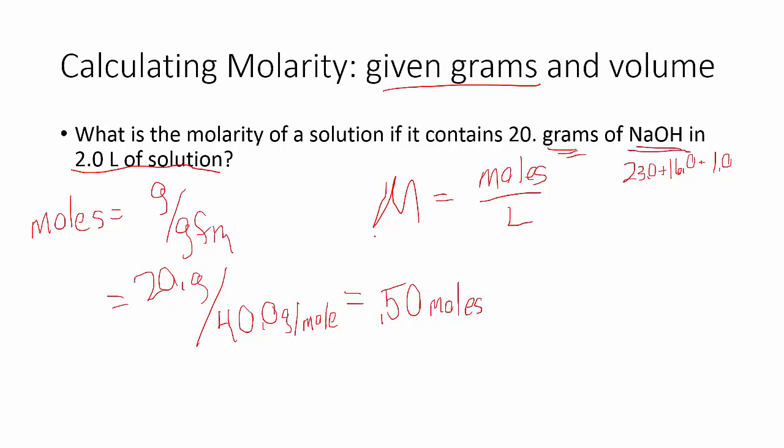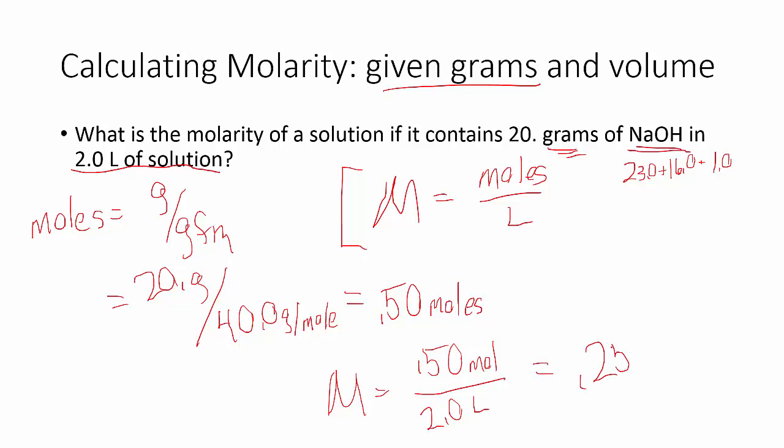Now it's a plug and chug. Now we can use this equation up here. So molarity equals 0.50 moles divided by 2.0 liters, and we get 0.25 molar. So for this one, it was 1, convert grams to moles, and then 2, find the molarity. That was it. Not a big deal.